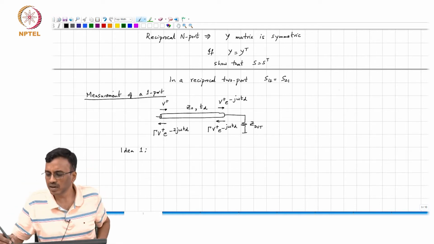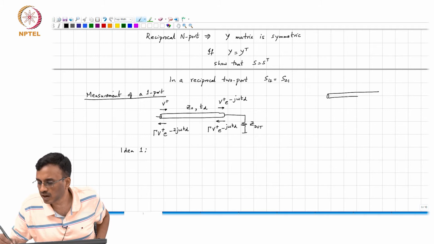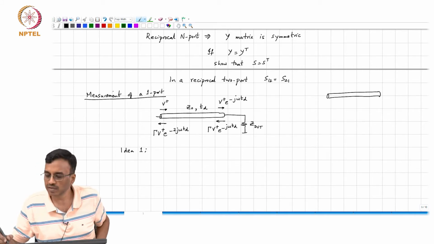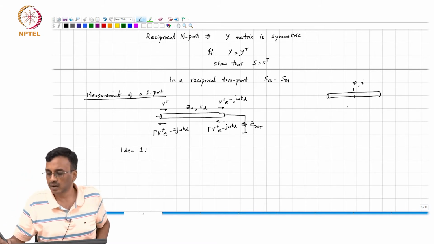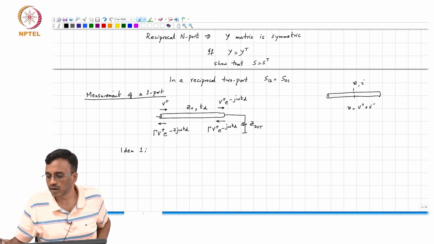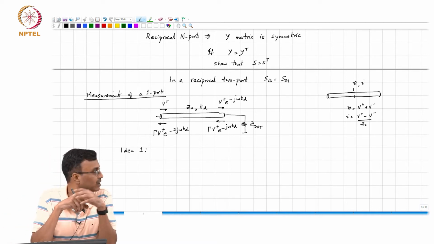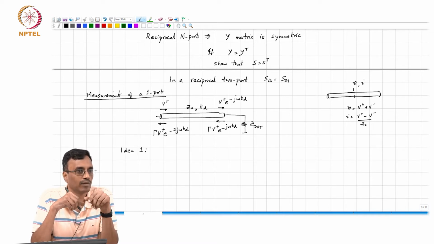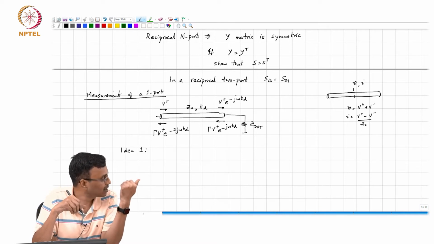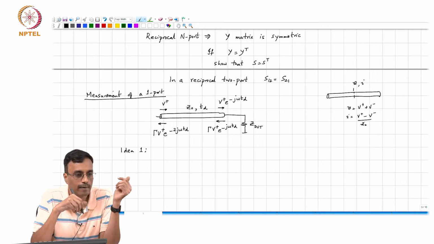Remember that if you want to measure the forward and backward going waves, at some point you measure the voltage and the current, and recognize that V is nothing but V plus plus V minus, and I is nothing but V plus minus V minus by Z. Even in SPICE, this is a good way of measuring the forward going wave and the backward going wave, using voltage controlled sources.